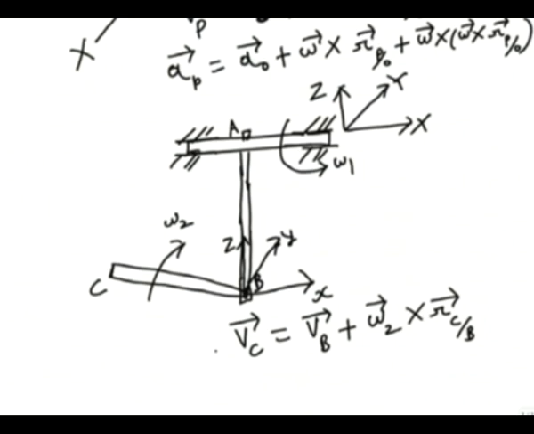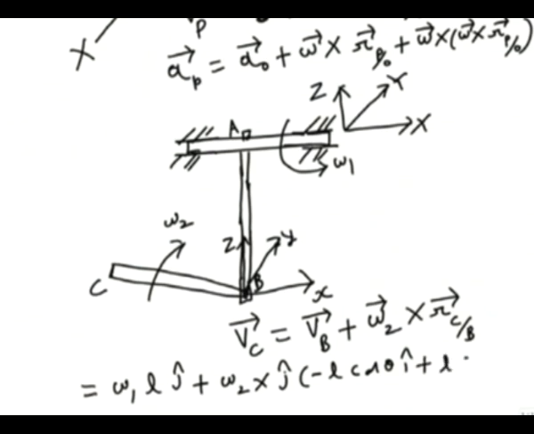Now what do we do about that? So this is the expression, and VB is equal to omega 1 times L, because it is rotating by omega 1, times J, plus omega 2 cross (minus L cos theta I plus L sin theta K).